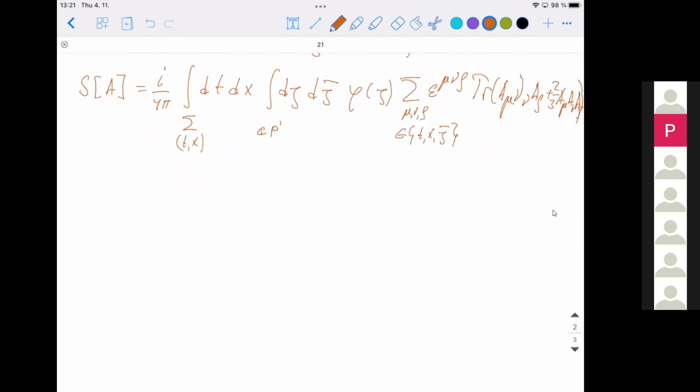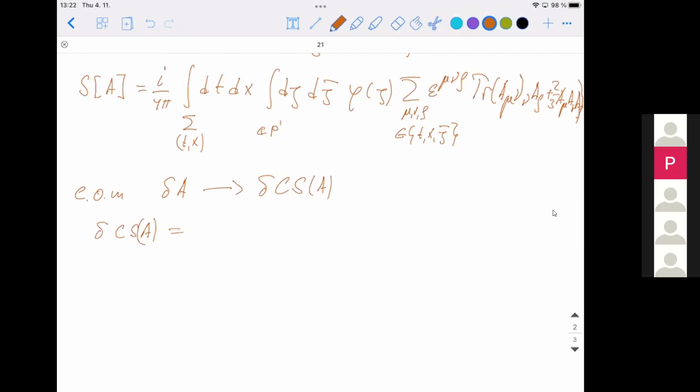To write down the equation of motion, we vary the gauge field and then calculate the variation of the Chern-Simons 3-form. The Chern-Simons 3-form in 3 dimensions is A dA plus 2/3 A cubed.